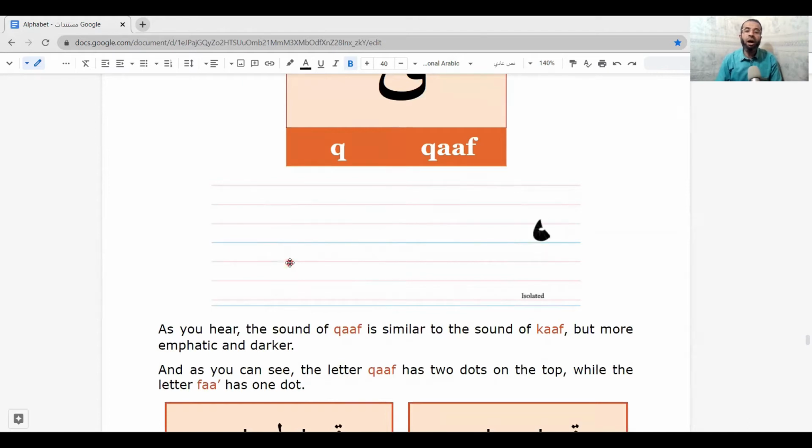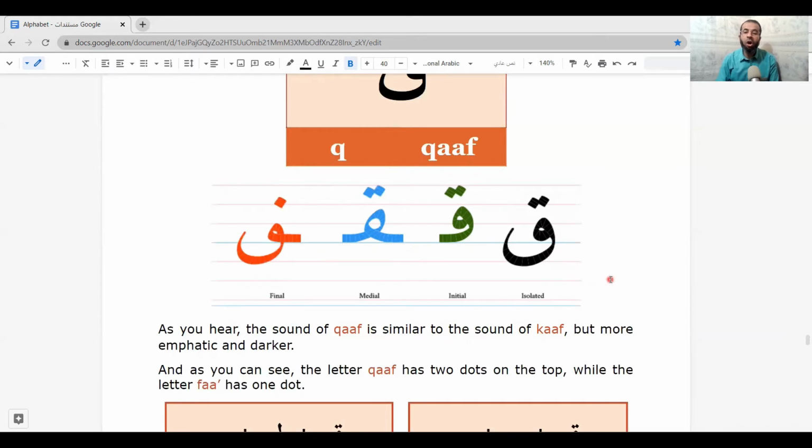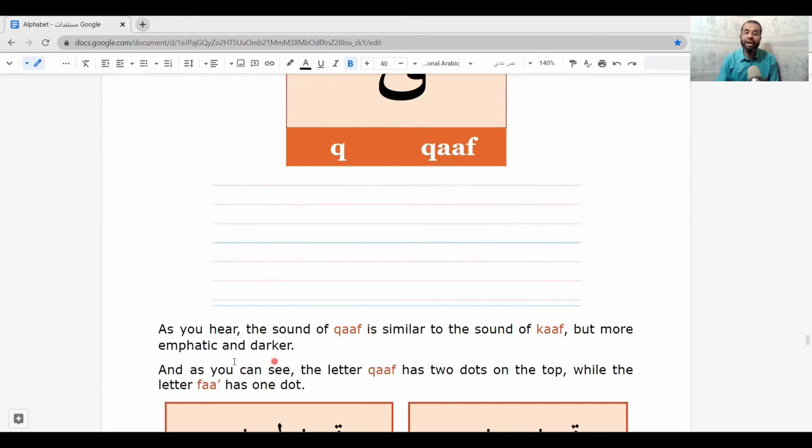So we say qaf, qa. As you hear, the sound of qaf is similar to the sound of kaf, which we will study after that. After that, the next letter is kaf, and we say ka, ka. But here we say qa, qa. So it's more emphatic and darker.